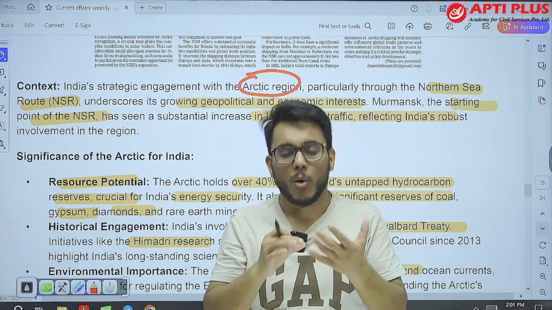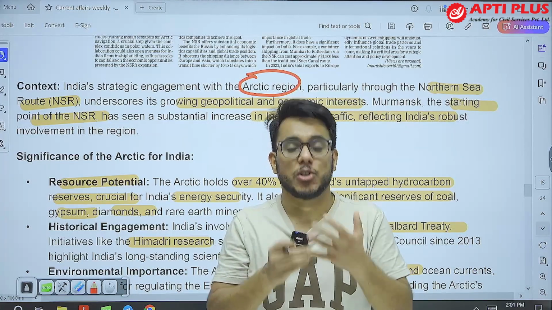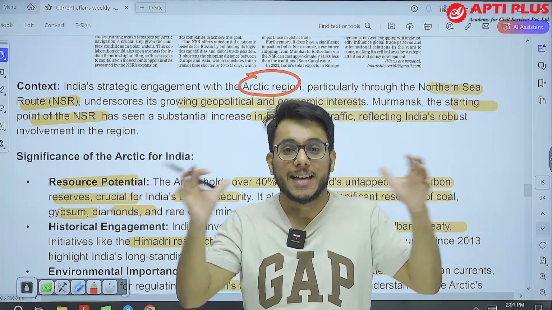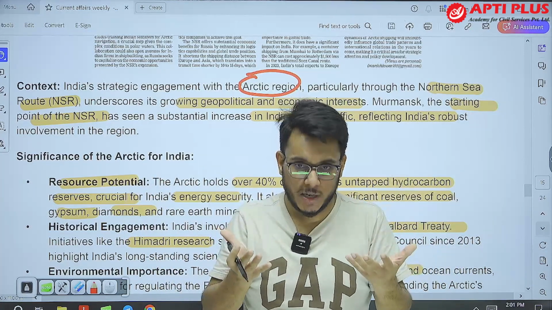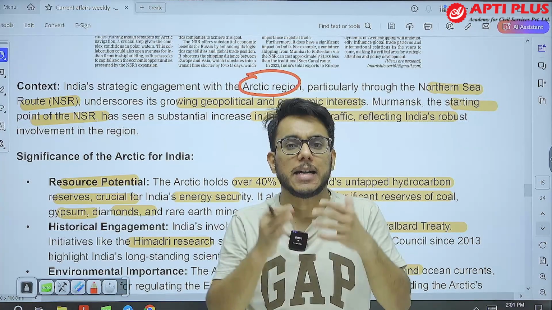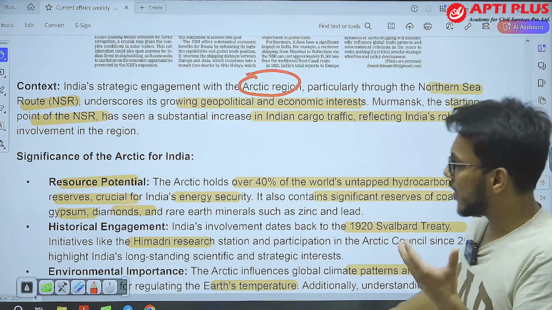And also because Russia has acquired nuclear powered icebreaker ships, they are now able to create a viable sea route in less time with less cost. Moreover, the Arctic region in itself has a lot of untapped natural resources.